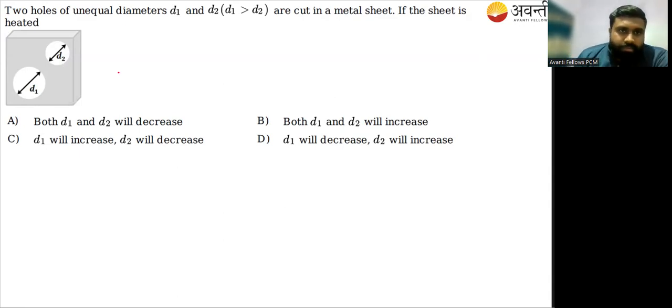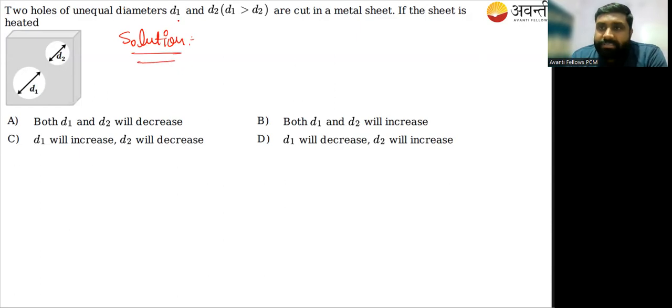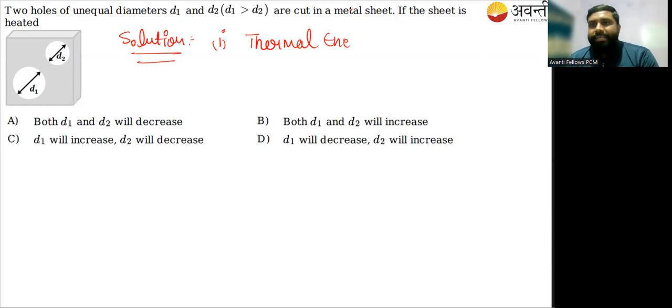Now, this is a theoretical question. The solution of it will also be theoretical. Always remember this point. First point is thermal expansion. Because this sheet is heated, it will expand thermally.